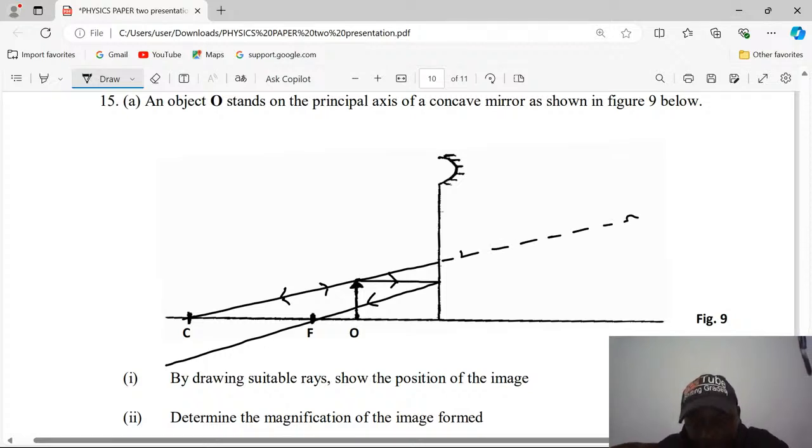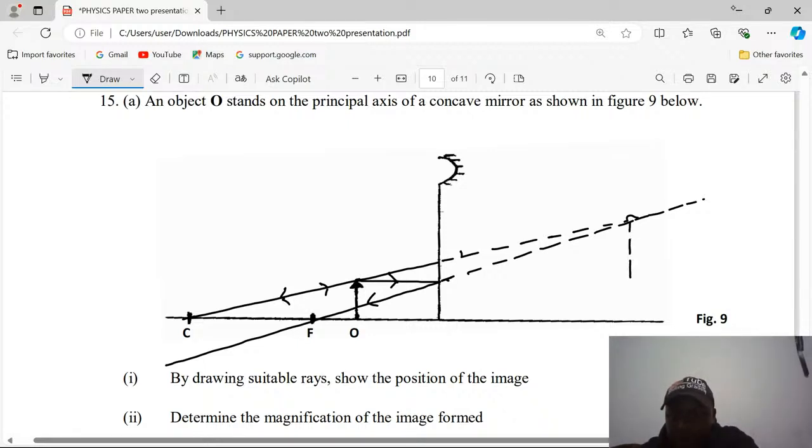We do the same for the other one. The intersection of these rays gives us the tip of the image, so the tip of the image is here.